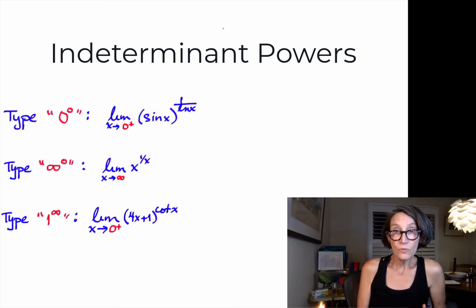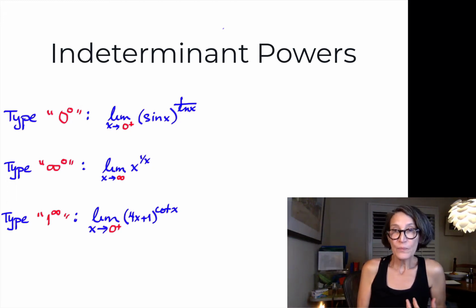So 4x plus 1 is approaching 1, but it's not equal to 1, it's just approaching 1. And then the exponent, cotangent of x, is approaching infinity, because cotangent of x, remember, is 1 over tangent, and tangent of x is approaching 0 as x approaches 0.